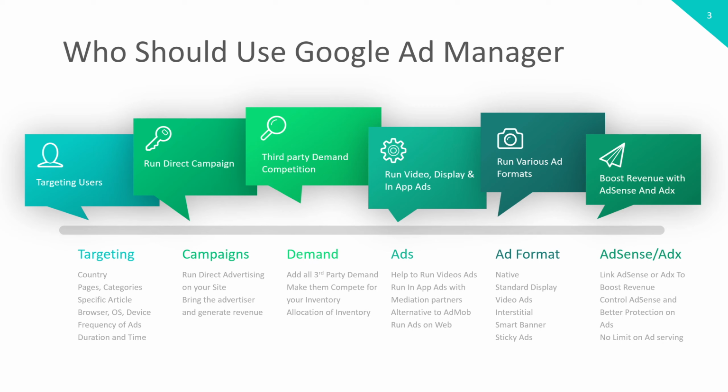You can run sticky ads on all sorts of devices. Smart banner is particularly for apps, but you can run it via mobile apps. Rewarded video is a very essential and high-revenue ad format used in apps. That option can also be run by Google Ad Manager.